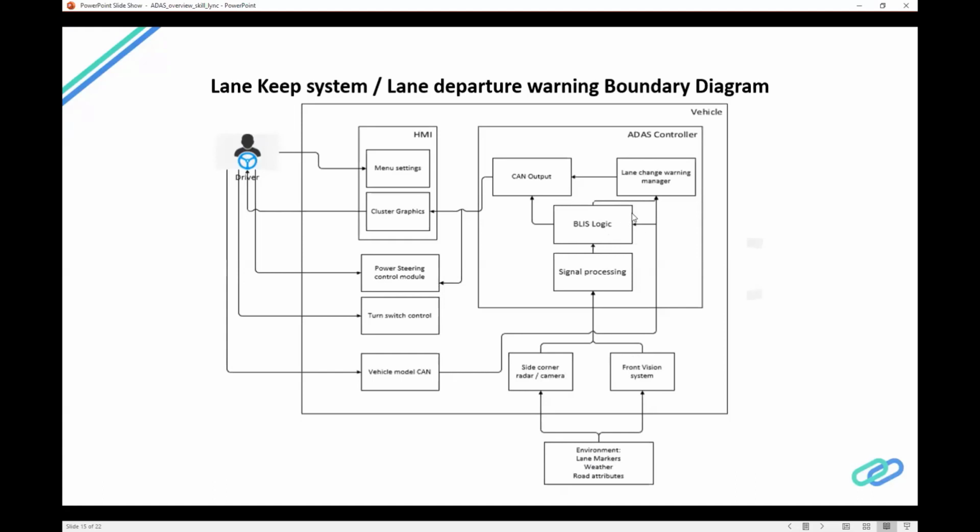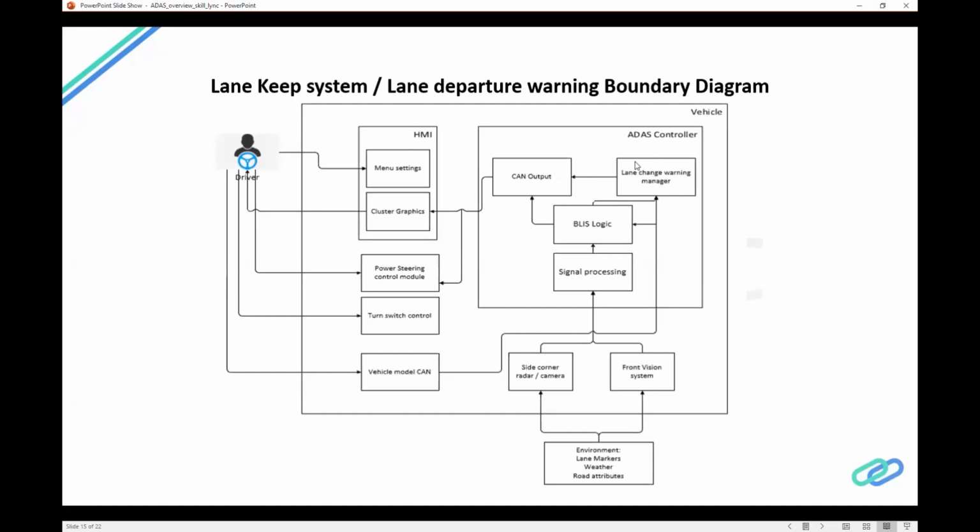So all the combination of decisions is made in the lane change warning manager, and depending on the type of event, if the driver is only about to cross a lane marker, then a different warning will go out. And if the driver has already started to cross, then some kind of steering feedback is also transmitted.